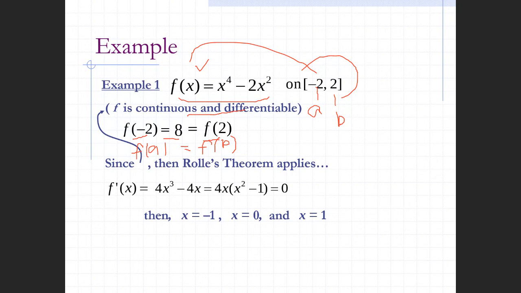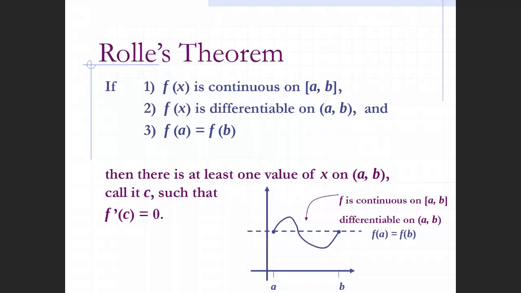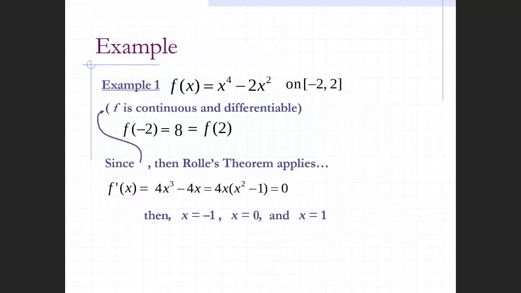Now, according to Rolle's theorem, if the three conditions are satisfied, that is, the function is continuous, differentiable, and f of a is equal to f of b, then there must be a point c in this interval where the derivative of the function is 0.